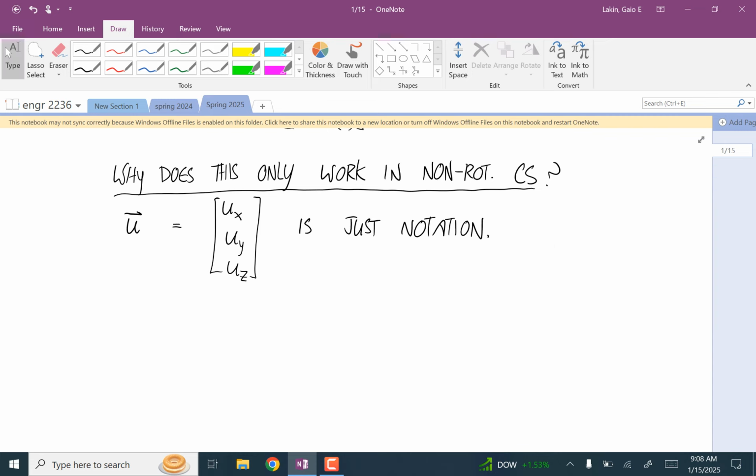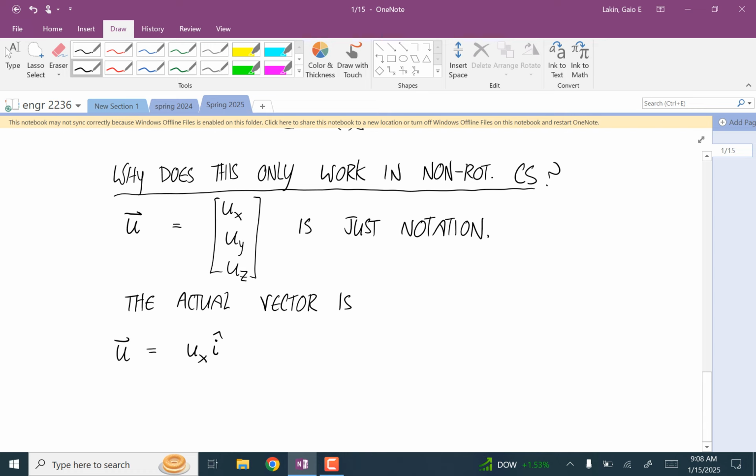The actual vector that this represents is that x component times some unit vector in the direction of x. This is the notation you saw in physics 1, right?